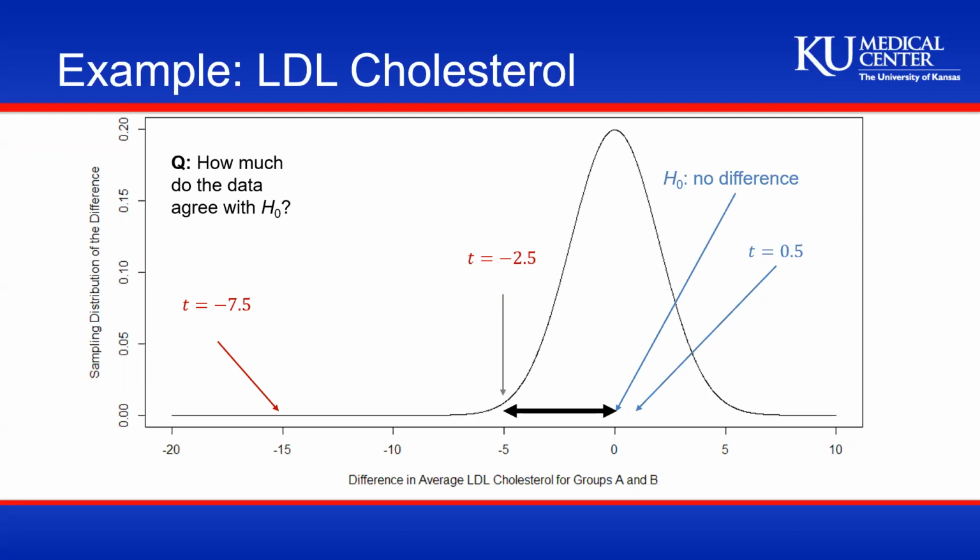Does anyone know what the critical value, the T value is approximately, or even the Z value approximately for 5% alpha? It's around 2, give or take. T is a function of sample size, Z is not. So it's around 2. This is 2.5. So the usual cutoff is around 2, and this is 2.5 standard deviations below. So this is a less than a 5% chance of a false positive finding, given this particular study.